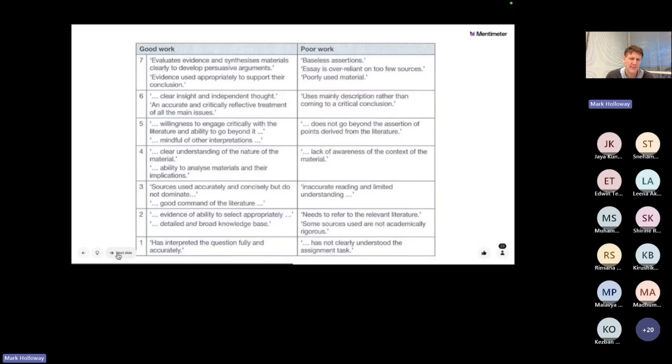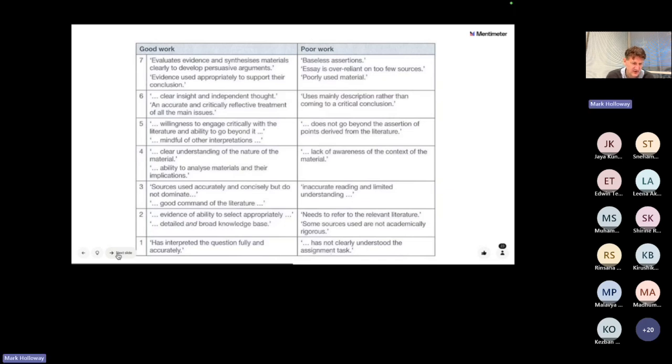Making assertions that are baseless, as in just saying things without them being based on your reading, or nothing that comes from sources. Over-reliant on too few sources, so only using a couple of perspectives, or not really understanding or using the reading material.